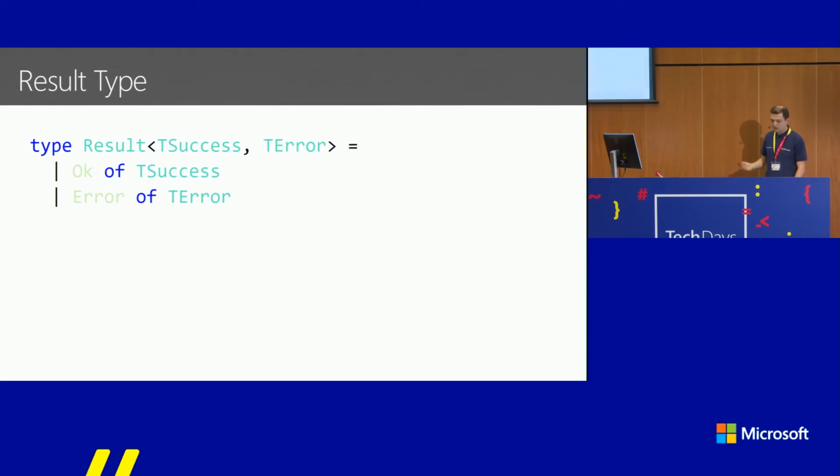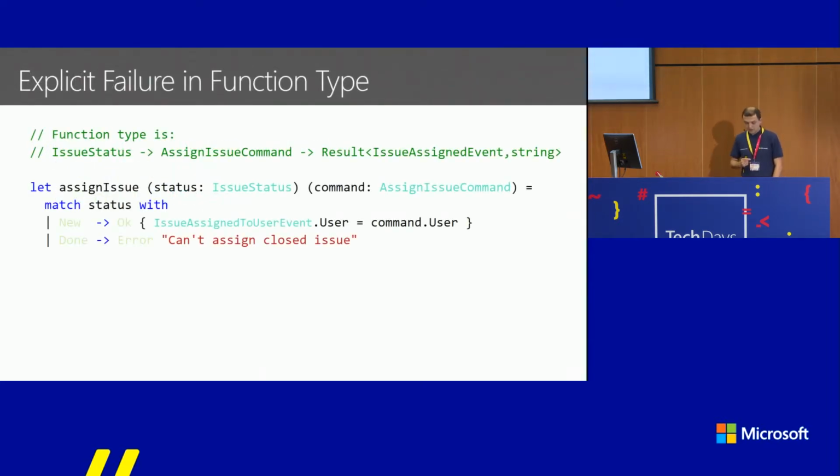And it's used pretty much everywhere. And then we want to use it for our function. That's a second iteration of my assign issue function. It accepts two arguments, as you see now, status and command. And then it uses a match expression to ask: if status is new, do something; if it's done, do something else.